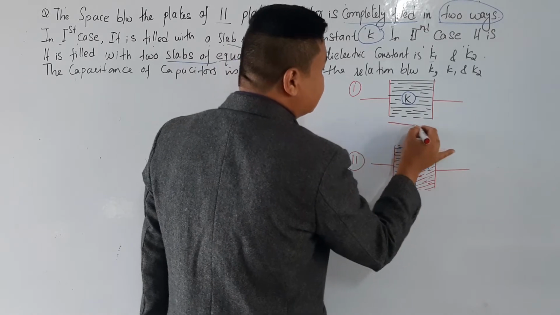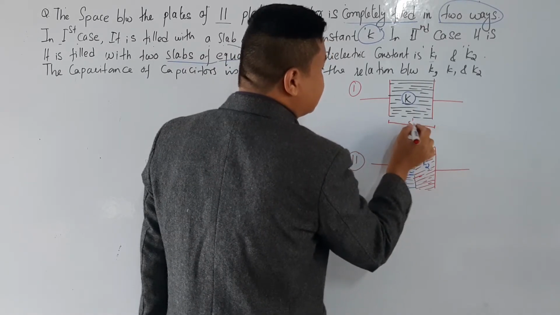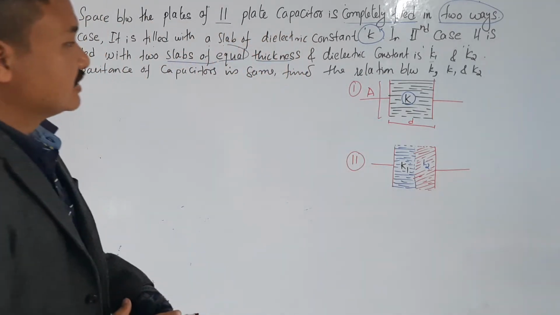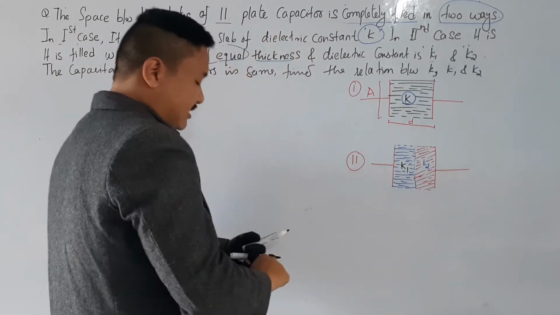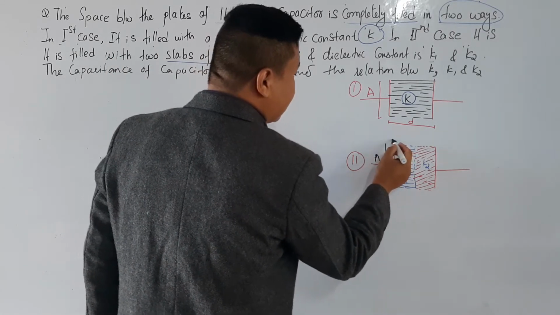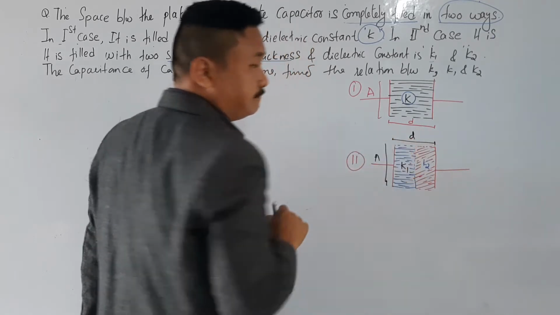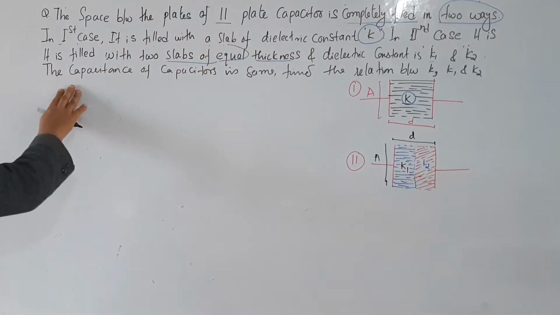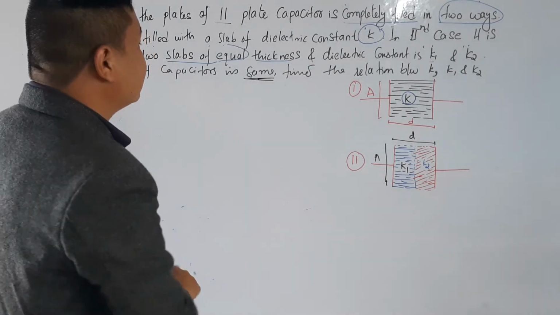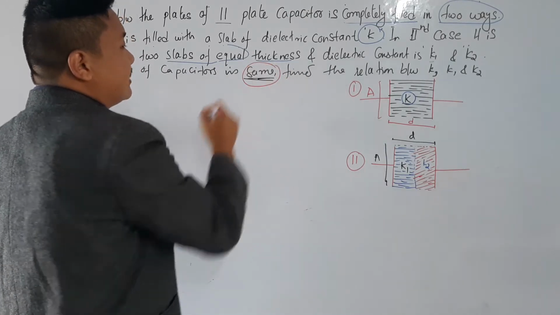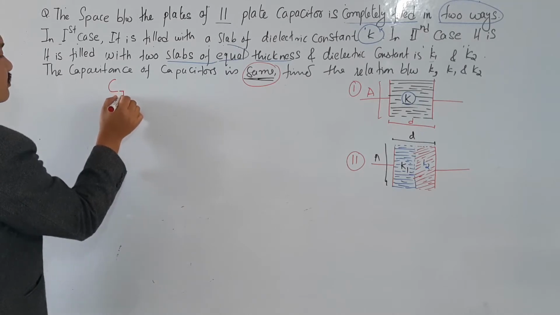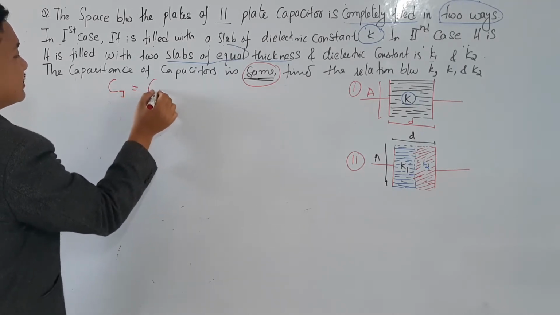Let me consider the distance D and the plate area A. Similarly, here the plate area is A and the distance is again D. The capacitance of the capacitor is the same. Please remember this important thing: the capacitance is same, it means the capacitor of case 1 should be equal to the capacitor of case 2.